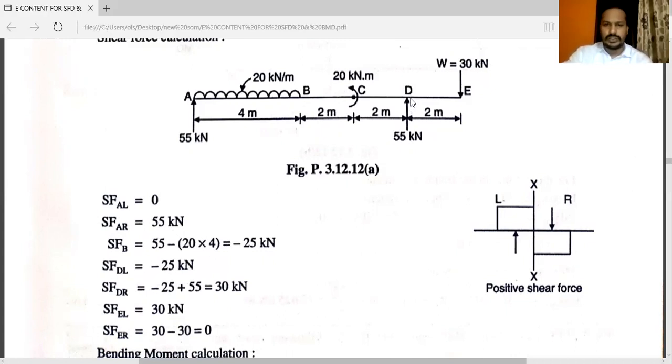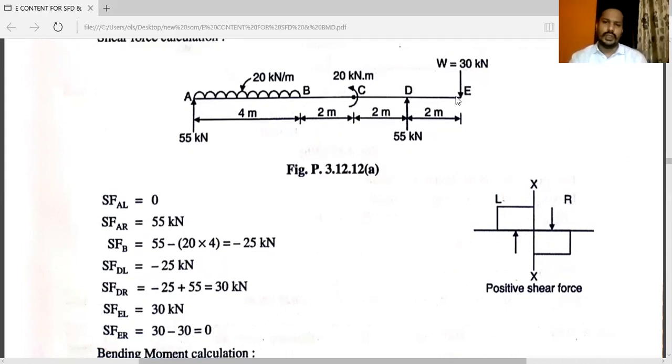Whenever you consider D just to the right, now here, plus 55 minus 20 into 4 plus 55, the answer is 30 kilonewton. Here, D just to the right. Now E, in between D to E, there is no force.